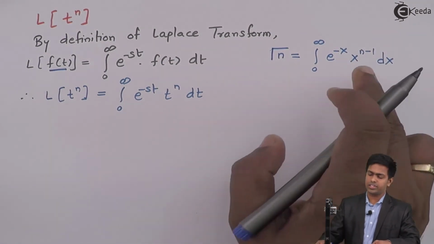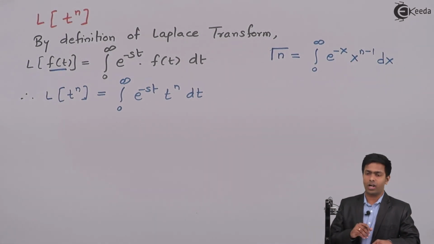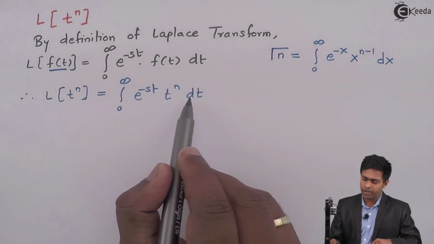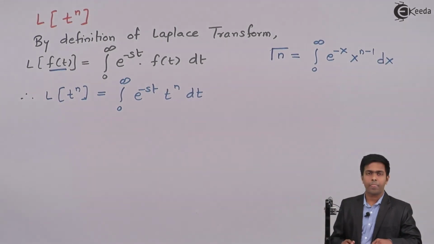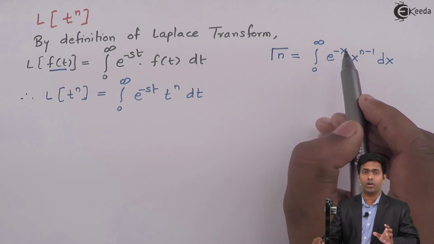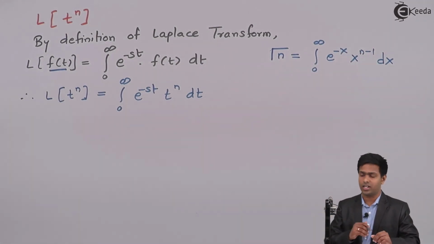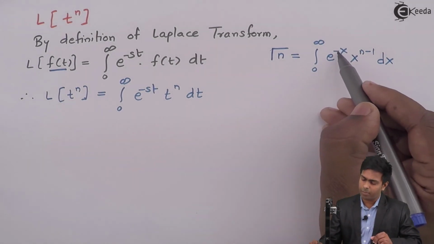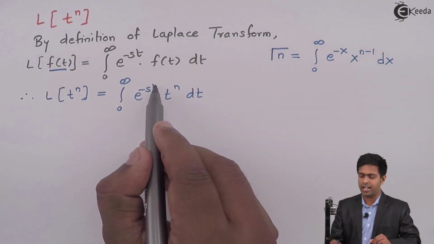To use this definition, I need to convert this given term into this format. So let's see the first term. Here in the exponent, I want e raised to minus x, whereas here I have st.